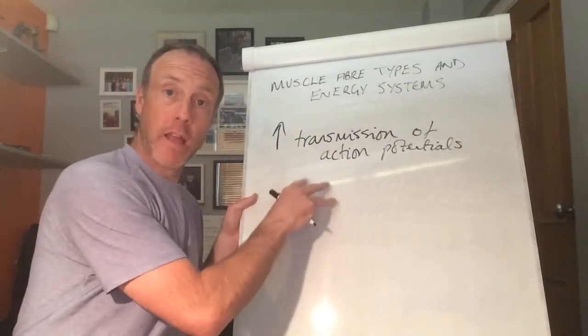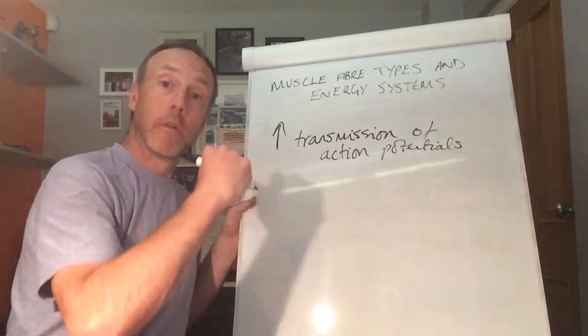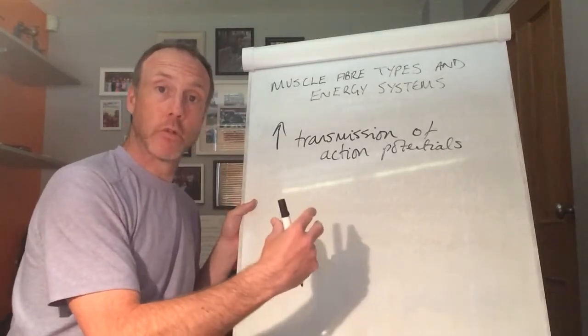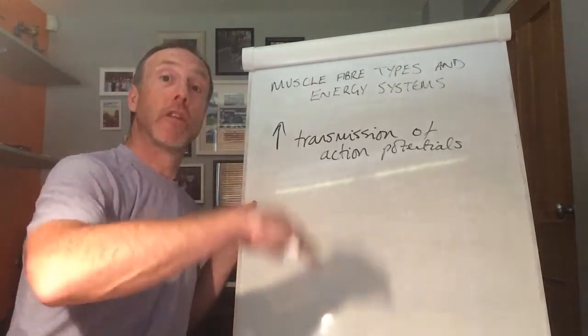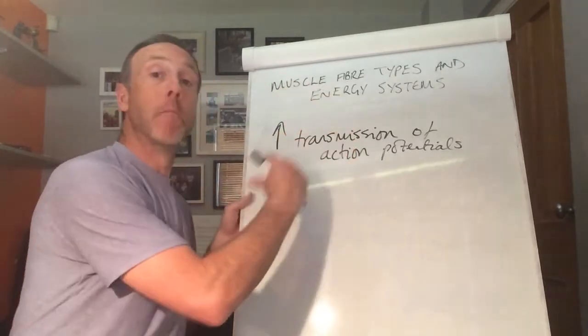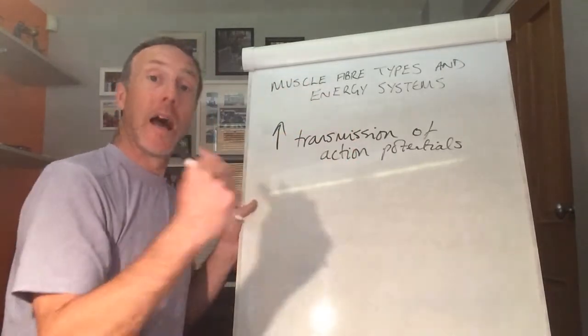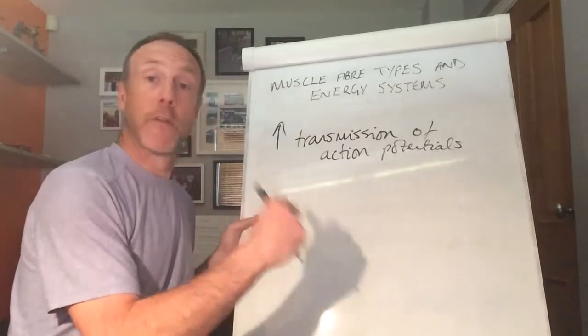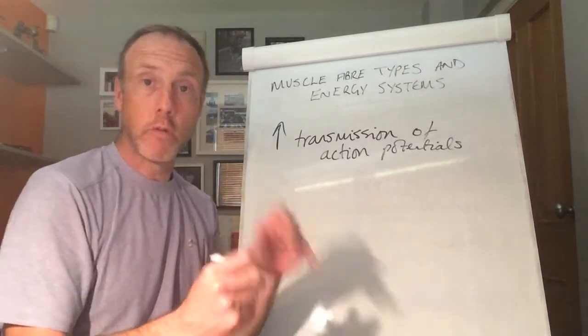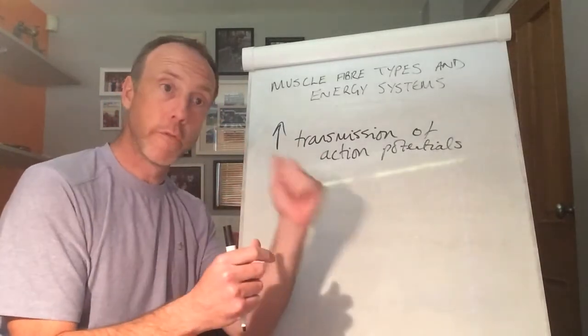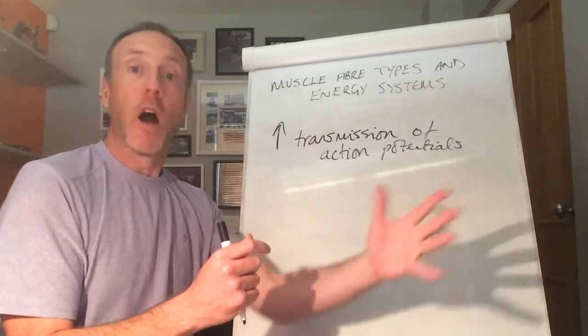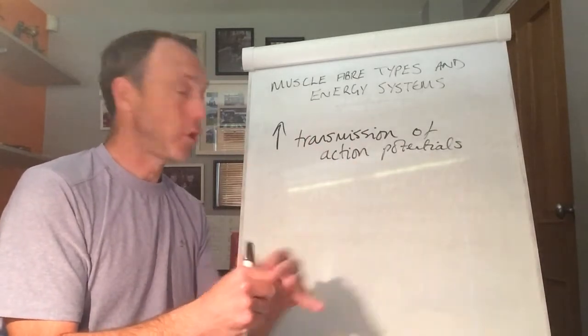And if we remember, if the summation of those action potentials is strong enough that it reaches the firing threshold, then the motor unit is fired. And according to the all or nothing law, it's fired maximally. Remember, within a motor unit, we can't just choose to fire maybe half of the muscle fibres within that motor unit.